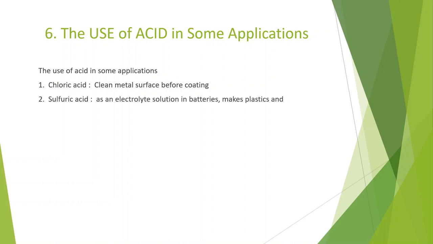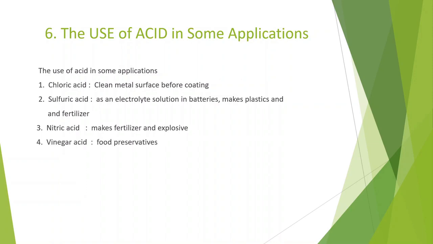Sulfuric acid as an electrolyte solution in batteries, and in making plastic and fertilizer. Nitric acid, for making fertilizer and explosives. Vinegar acid, a food preservative. Phosphoric acid, for making fertilizer.